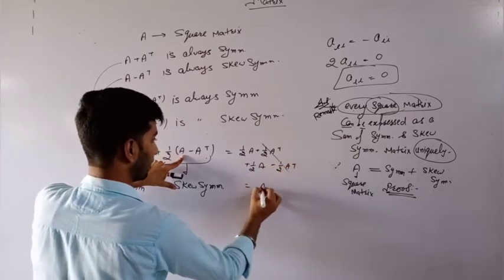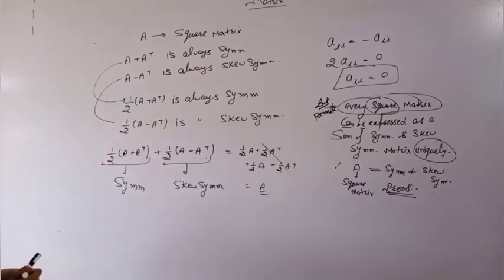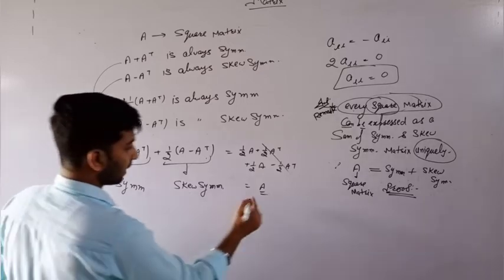The A transpose terms cancel. 1/2 A plus 1/2 A is A.